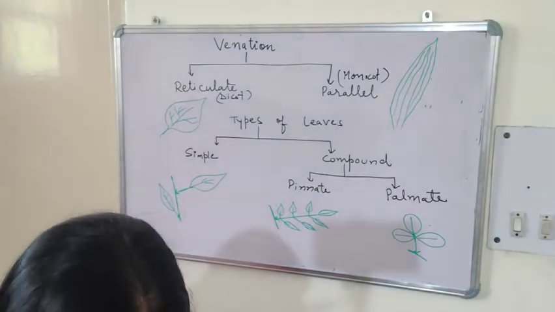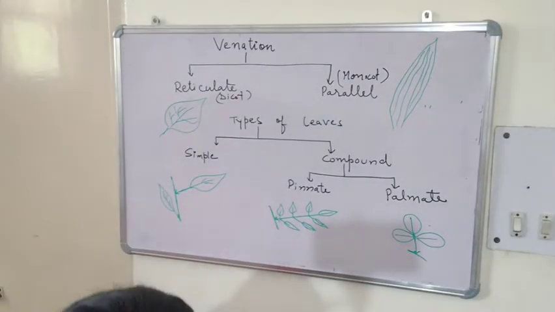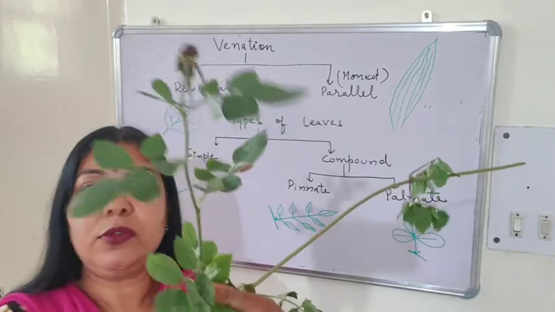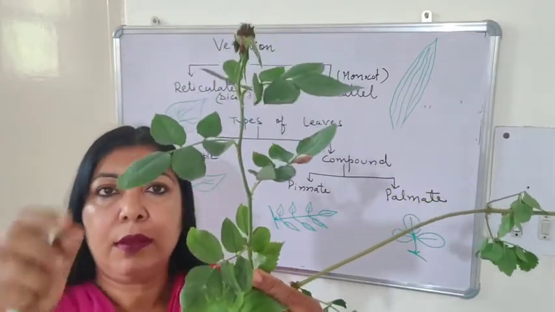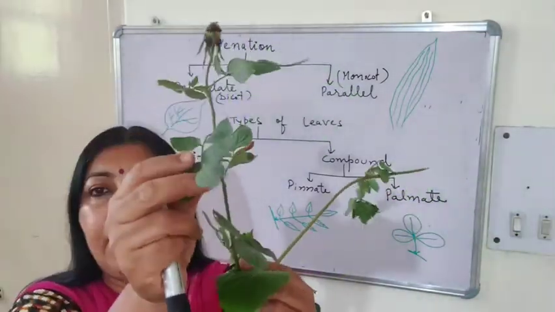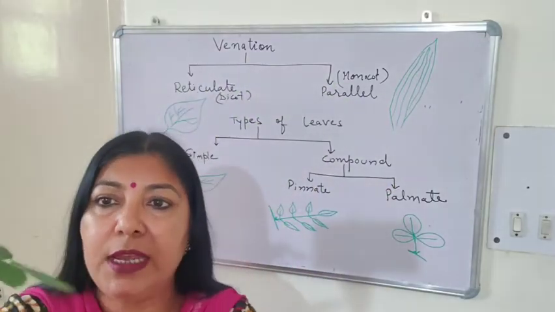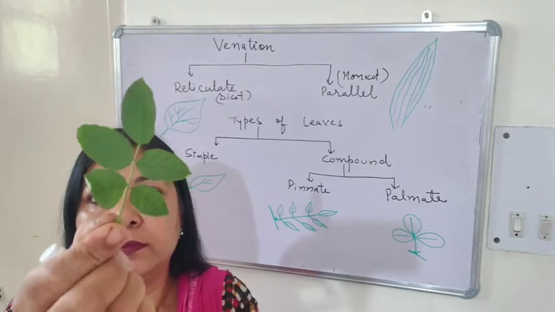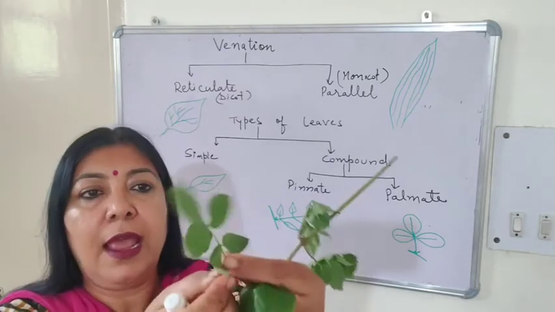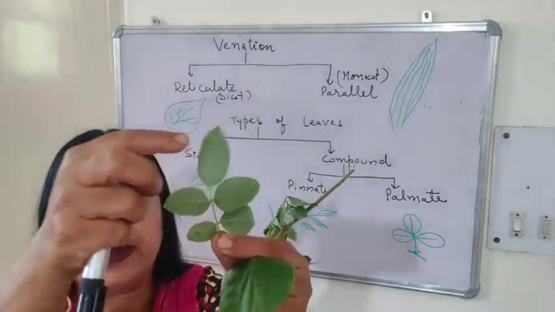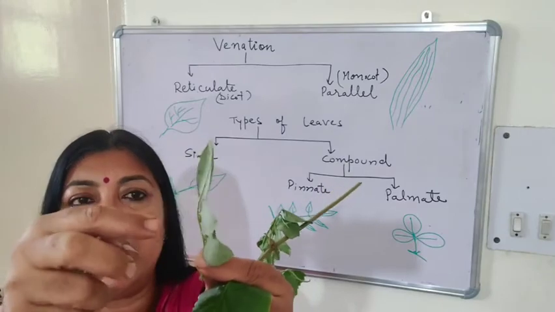But in certain other leaves, like this rose leaf, this is one complete rose leaf. These are not five leaves. This is one leaf, and here is the midrib.